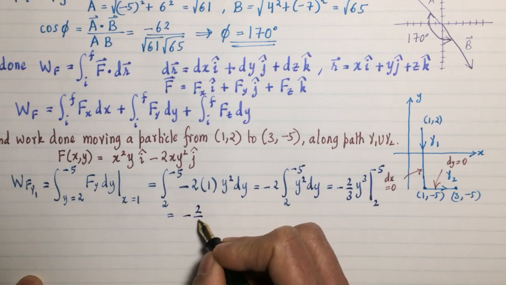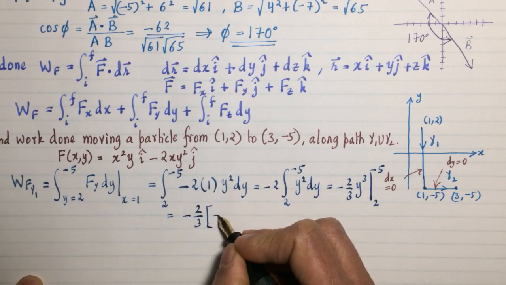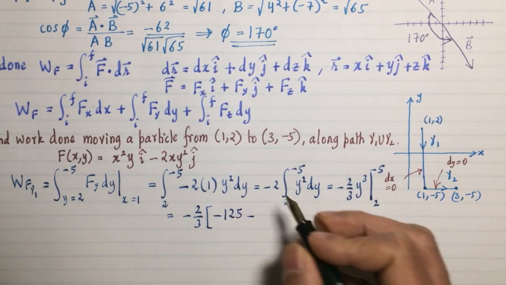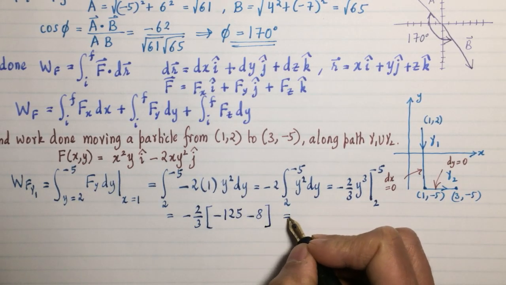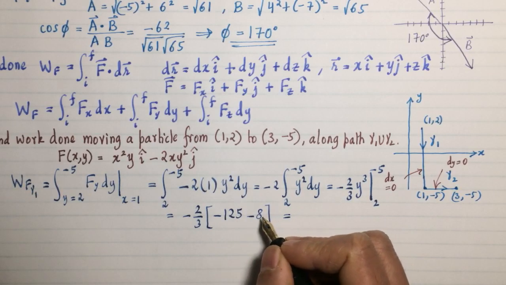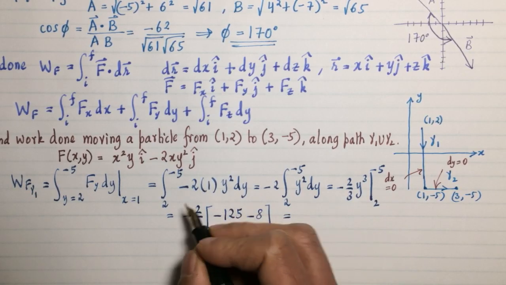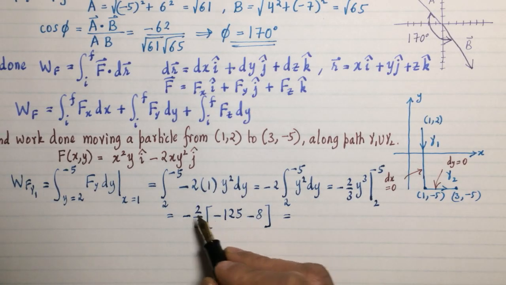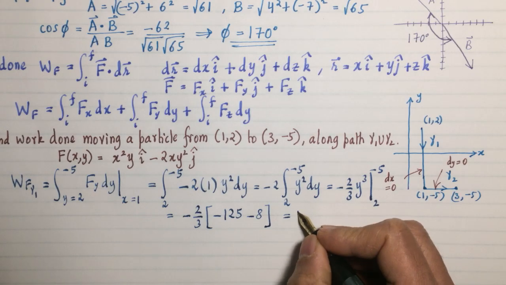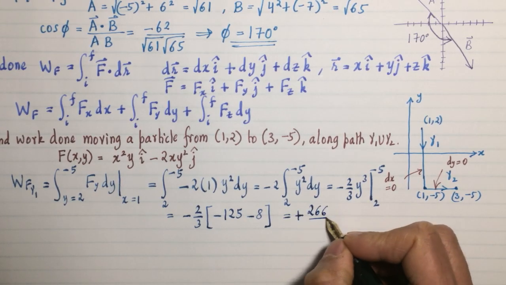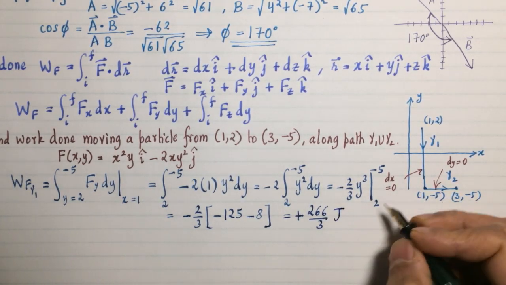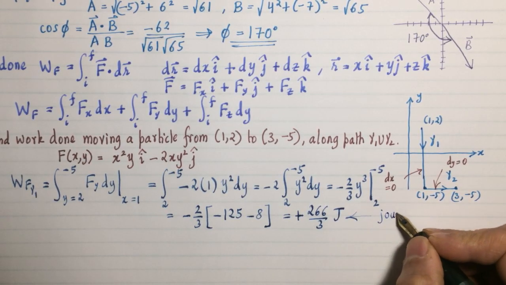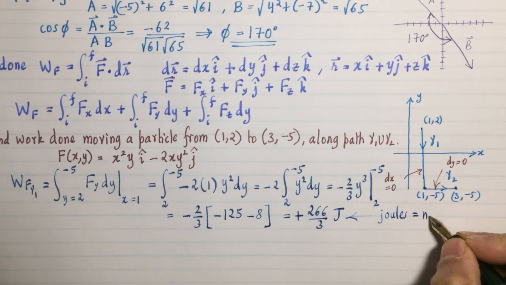I get -2/3. 5 cubed is -125, and 2 cubed is 8. So that's -133. And there's a negative sign up here, don't forget. -133 times -2 is positive, 266/3 joules.